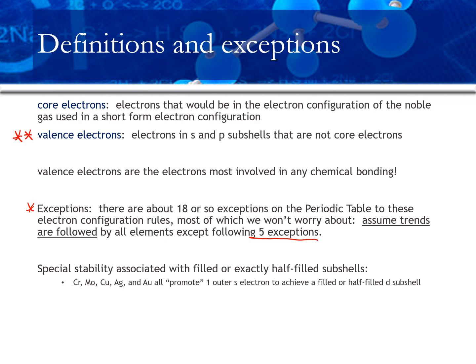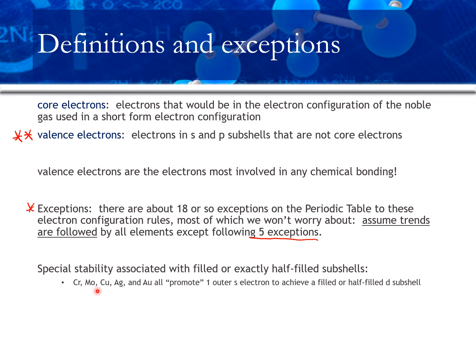It turns out that there is a special stability associated with either having an exactly filled subshell or an exactly half-filled subshell. And this is so pronounced in the d subshell, where there's a lot of electrons, that it sometimes changes the order in which electrons fill subshells. So these are the 5 exceptions that I want you to know.